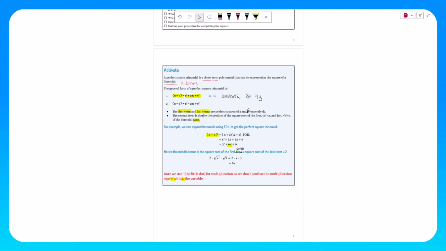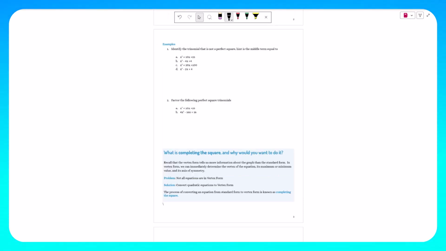So let's move on. For number 1, it's asking us to identify the trinomial that is not a perfect square.